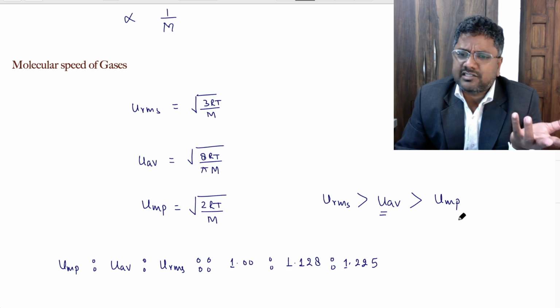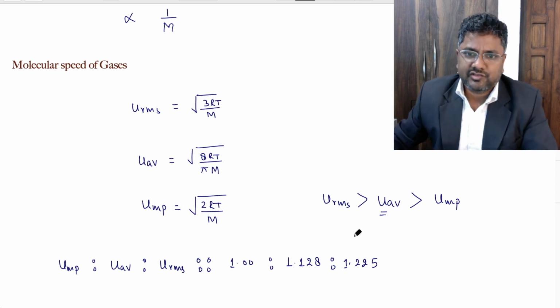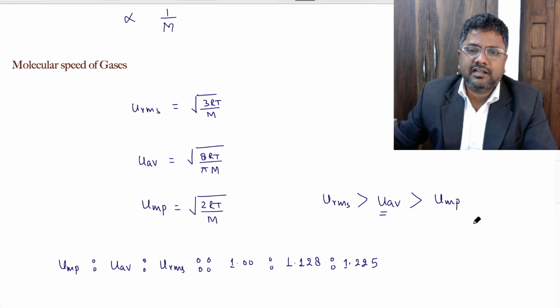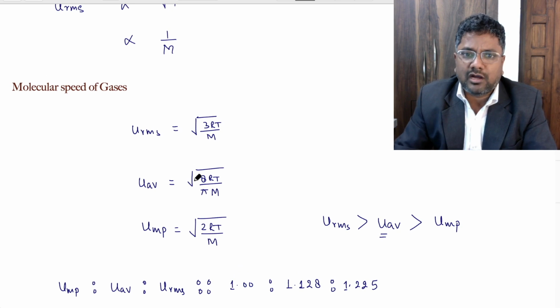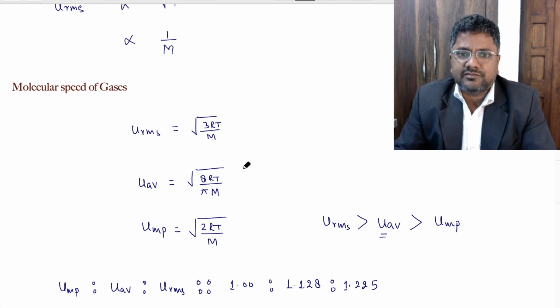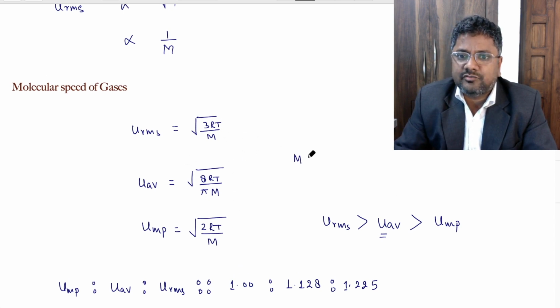But for numerical calculations, any one can be asked, so all of you should remember this, and all these calculations are per mole. And one very important point: M should be taken in kilograms per mole, the unit of molar mass, kilograms per mole, right?